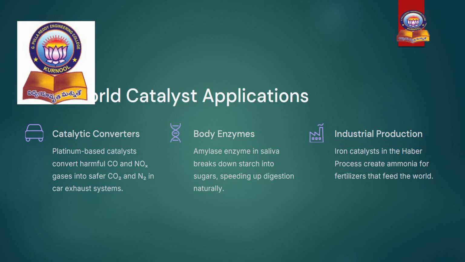The next slide is about real world catalytic applications: catalytic converters, body enzymes, and industrial production. In catalytic converters, platinum based catalysts convert harmful CO and NO2 gases into safer carbon dioxide and nitrogen in car exhaust systems.